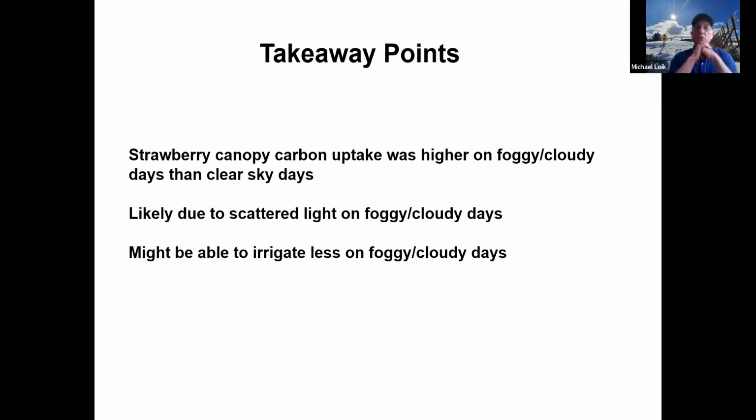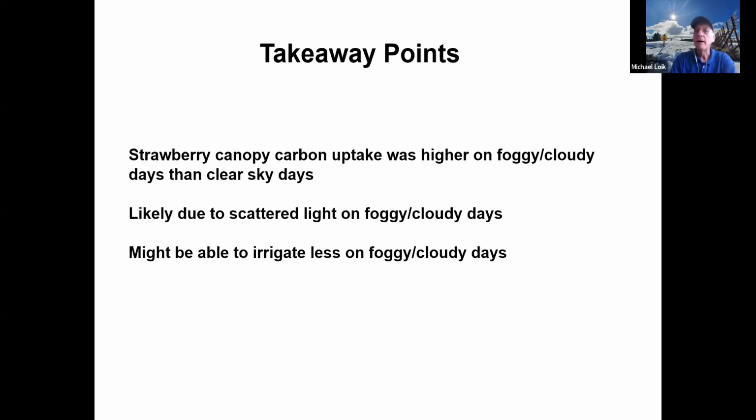Okay, so strawberry canopy carbon uptake was higher on foggy or cloudy days than clear sky days. And now why might this be? And so we think it has to do with the scattered light on foggy, cloudy days, that the light coming through the clouds bounces off particles. And so you get that very scattered white light that tends to irradiate more chloroplasts per leaf than compared to a full sun day.